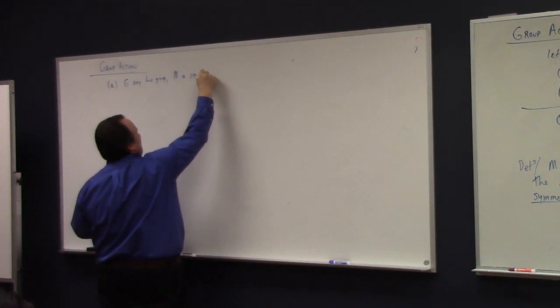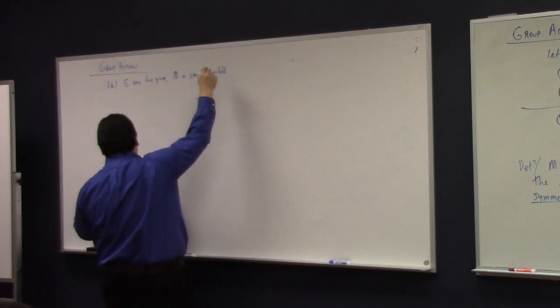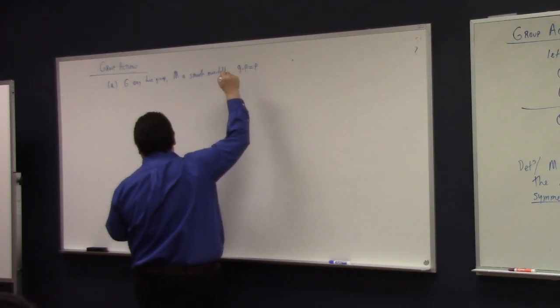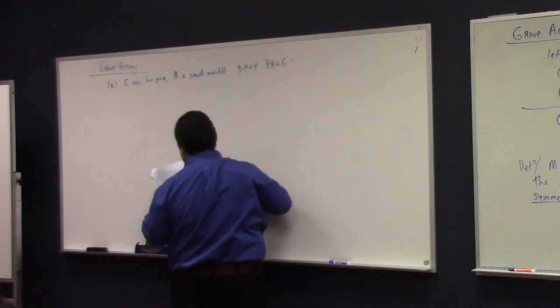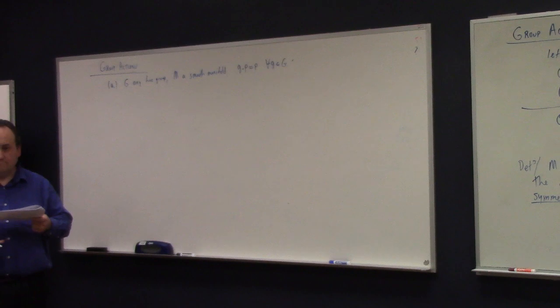This is so stupid. I don't even know why I'm bothering to write this on the board. G dot P equals P for all G in G. There you go.